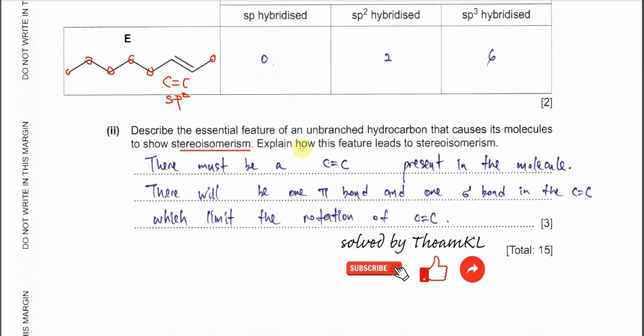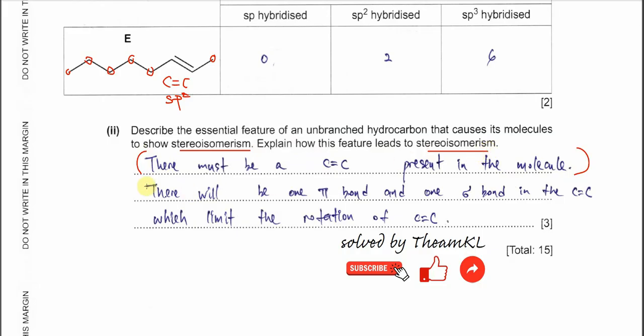Okay, so first you need to, of course, say that there must be a CC double bond present in the molecule. This is the essential feature, right? And explain how this CC double bond will give the stereoisomerism.